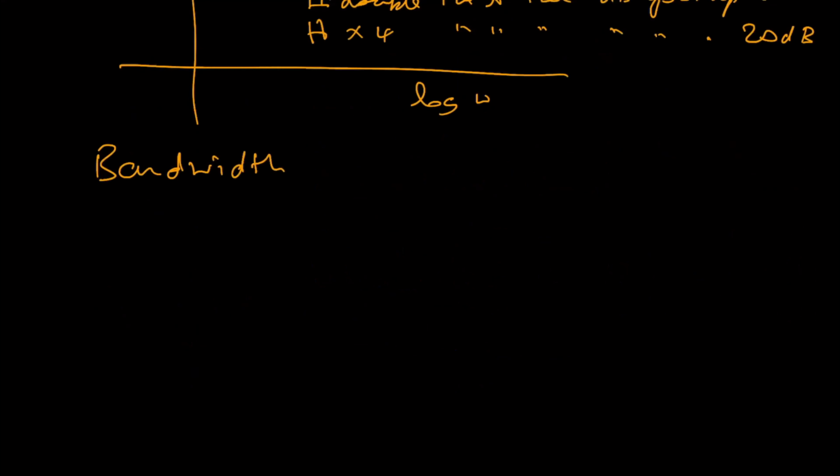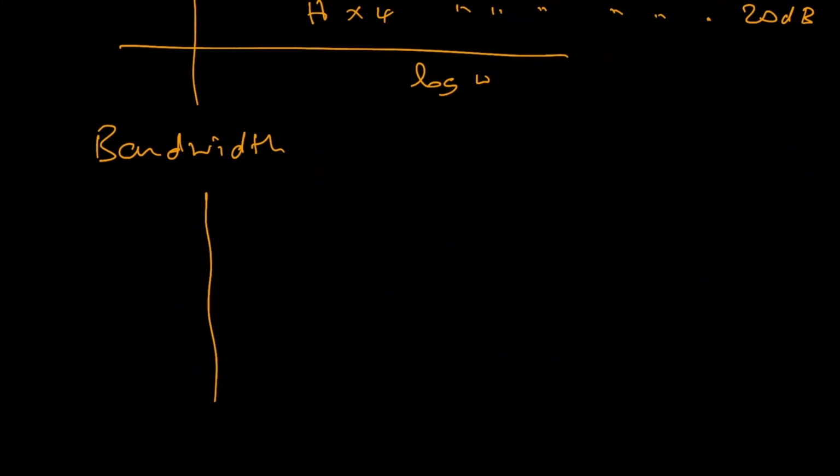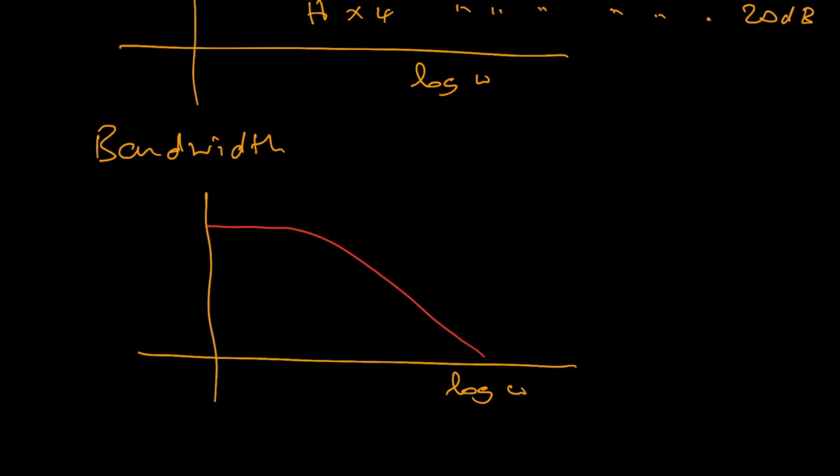The bandwidth. Let me draw one of these here, the way a Bode plot does. This is log omega, and this is decibels.